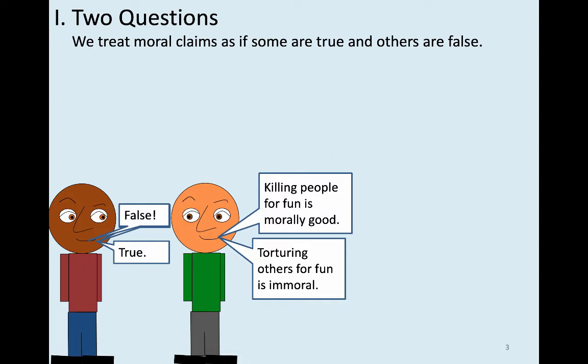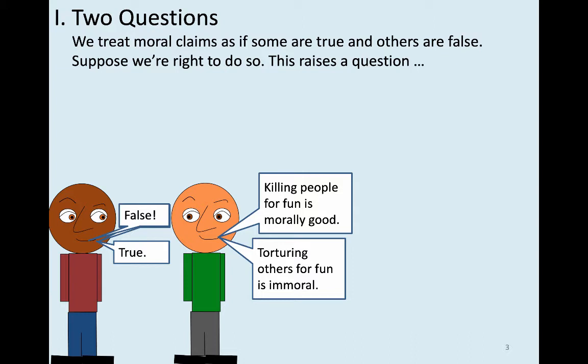Now, maybe at the end of the day, after some reflection and investigation, we'll decide that moral claims don't actually have truth values, the truth values being true and false. So moral claims can't actually be true or false. But at first glance, if you just watch people's ordinary conversation, people often treat moral claims as if they can be true or false. Okay? So let's just suppose for now that we're right to do that.